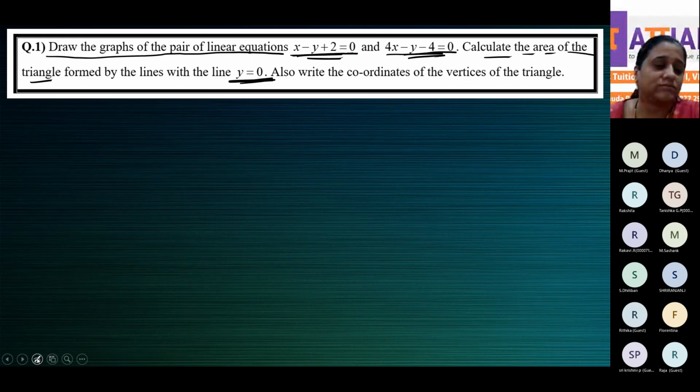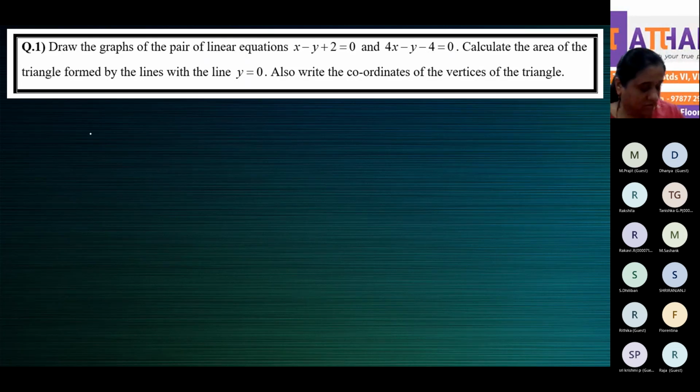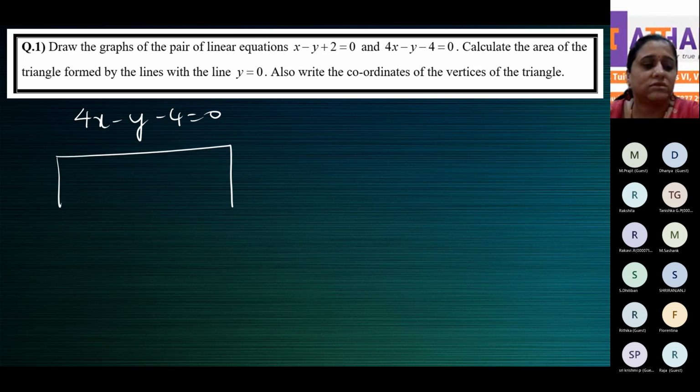So you have to make a table like this. I'll just show you for the second equation, 4x minus y minus 4 is equal to 0. You'll have to make a table, children, having the x, y values.